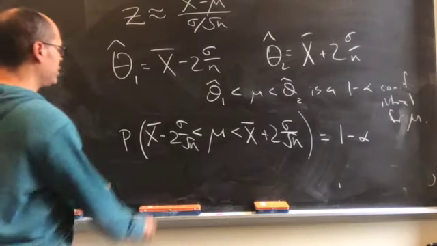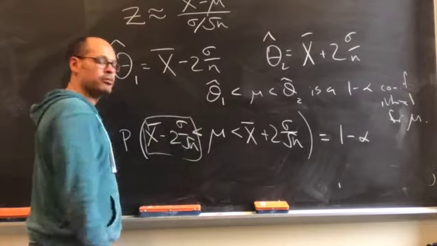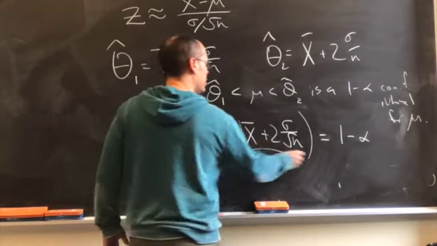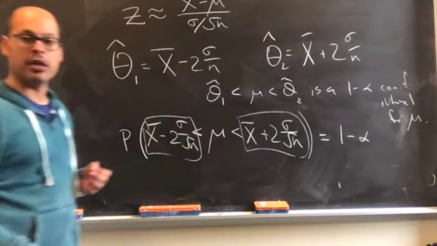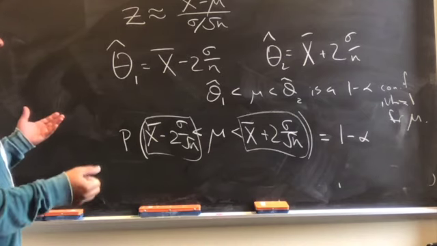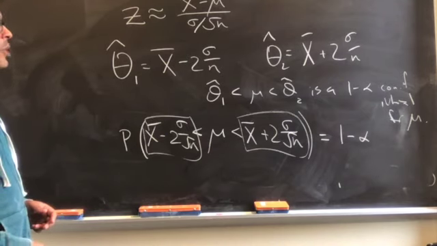So these are two particular statistics, two random variables depending on my sample, which give me a confidence interval for the mean.